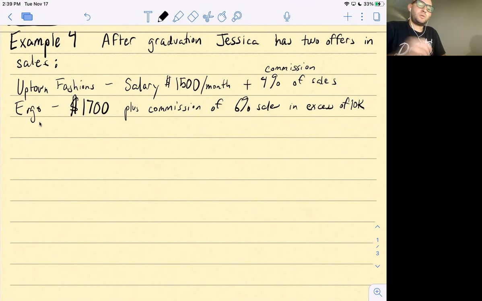Okay, so a natural question is, there's only so much you can sell at one of these jobs. So Jessica might want to know, which job should I take if I'm expecting to have some amount of sales? Can I calculate which job will actually pay me more money? So let's try to set this up. Let S be the amount of sales.